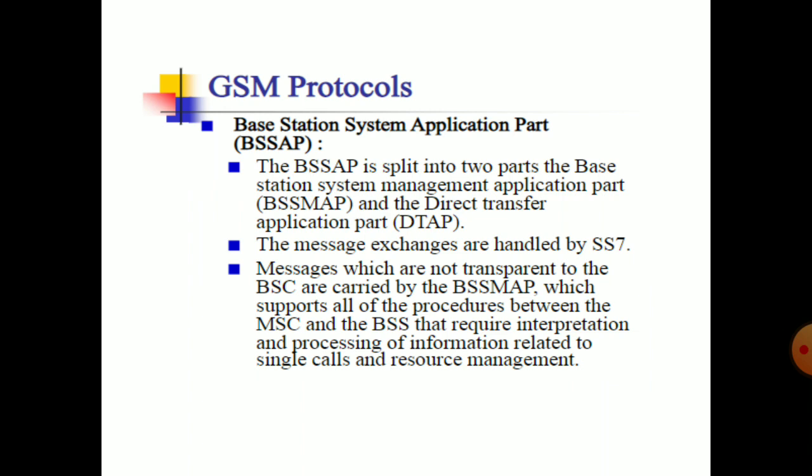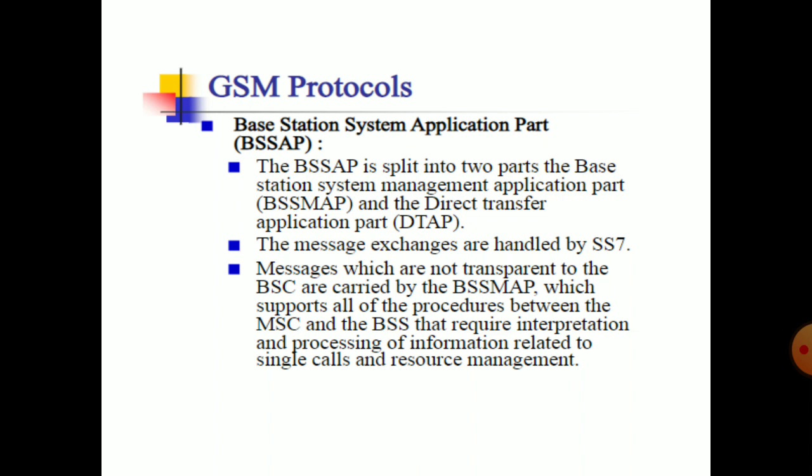Here the base station system application part, the BSSAP, is one of the protocols we are using in the GSM architecture. It is split into two parts: the base station system management application part and the direct transfer application part.